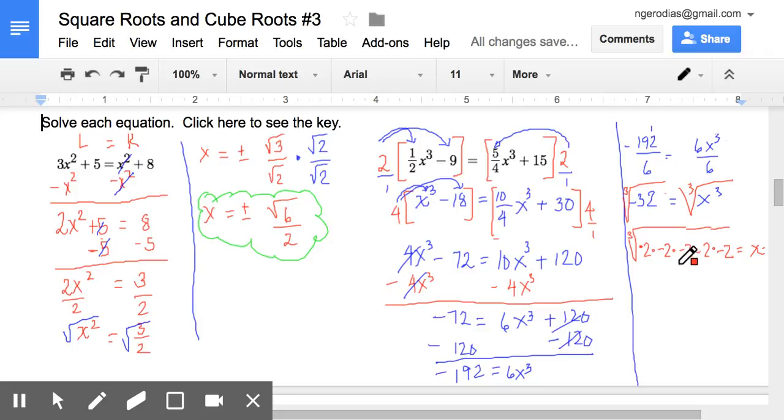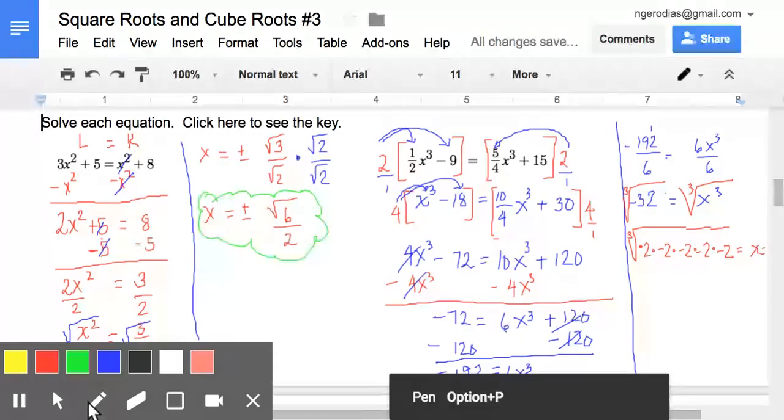So again, negative 2 times negative 2 is 4, times negative 2 is negative 8, times negative 2 is 16, times negative 2 is negative 32.